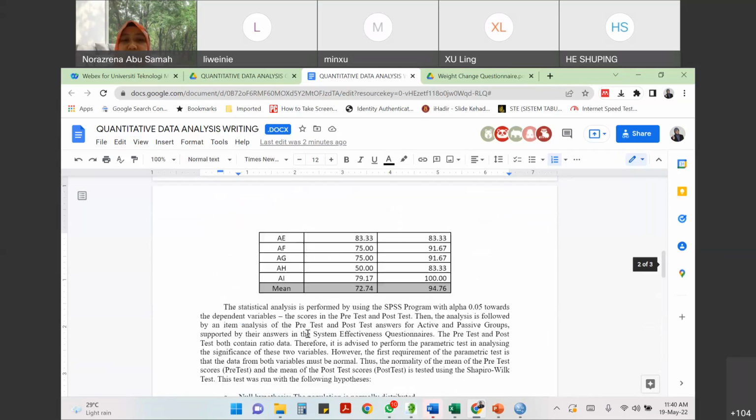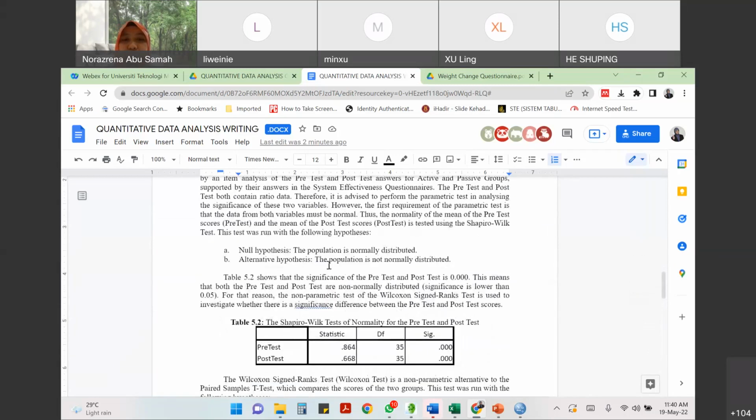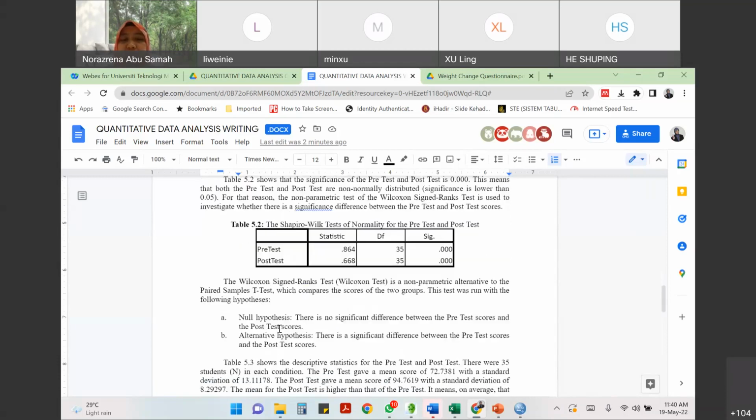Because let's say, for example, you run the normality test for pre-test and post-test. But later in next subtopic, you still use the pre-test and post-test. So no need to run again. You just mention that based on table 5.2, the pre-test is not normal. No need to run again and again.